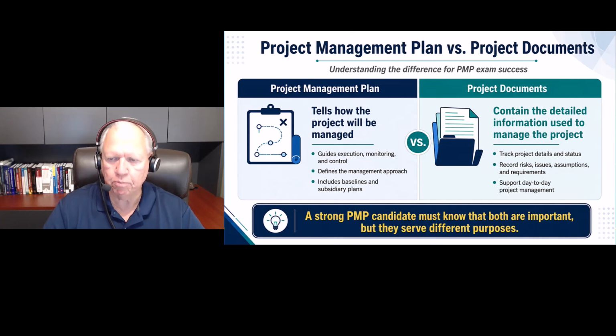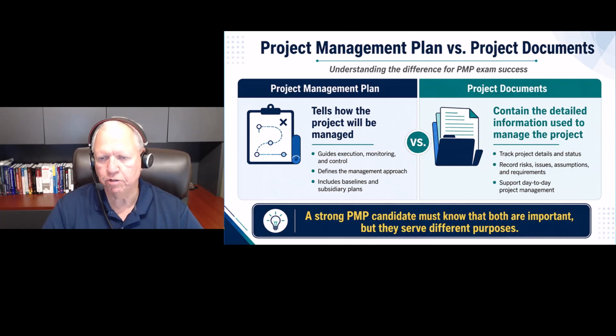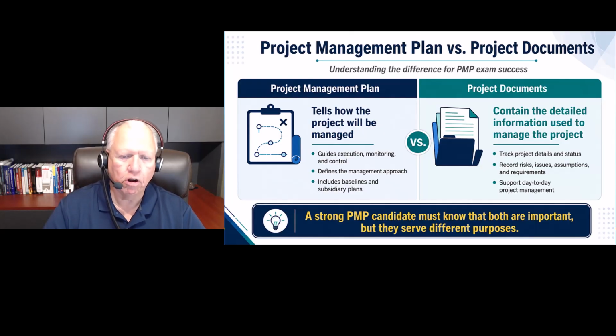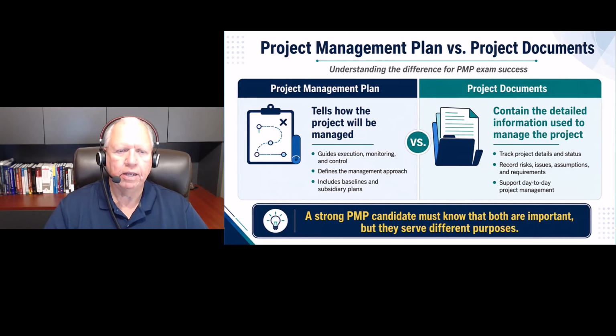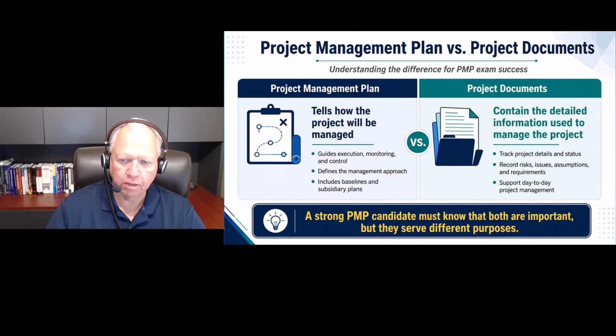So it's going to track project details and status, record risk, issues, assumptions, requirements. It's going to support day-to-day project management. A strong PMP candidate must know that both are important, but they serve totally different purposes. Where the project management plan is taking care of how the project's going to be managed, the project documents are going to be containing the information that you're using in a lot of this.